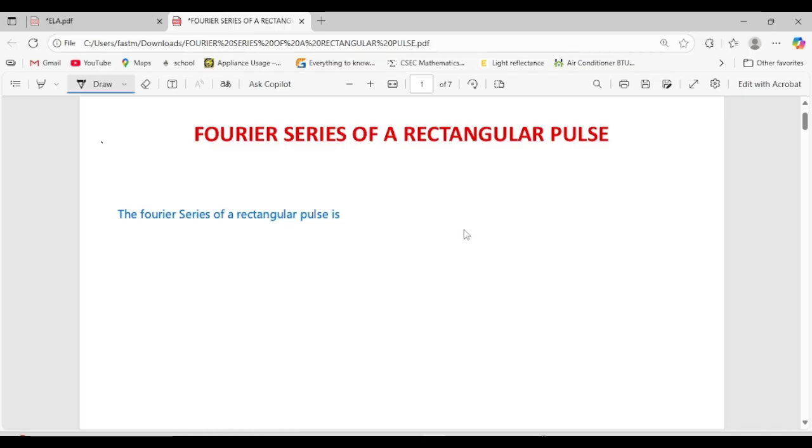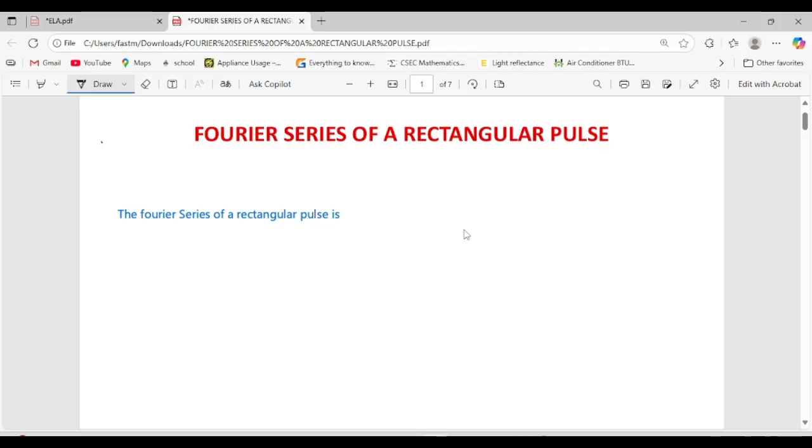For now, all we need to know is how to go from the rectangular pulse to the Fourier series and extract the DC component and also the magnitude of the harmonics. That is really all you need to know for this course.